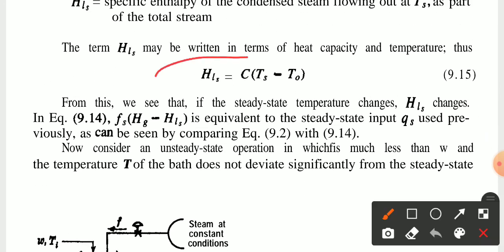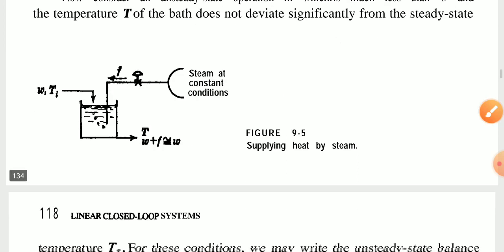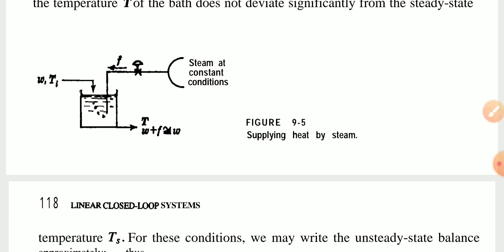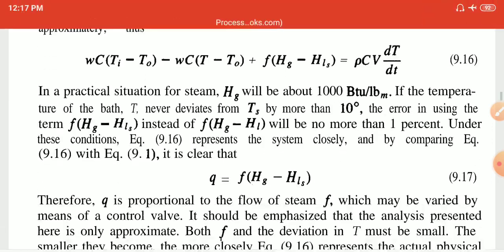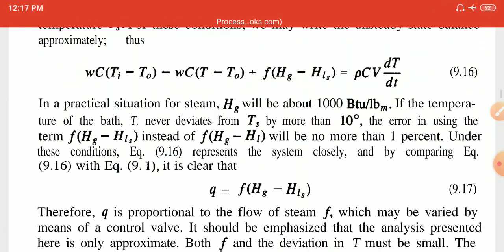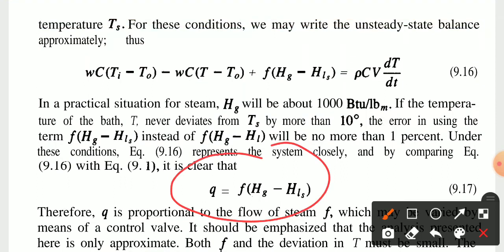Okay, this one, Hls is equal to Ts minus T0, and from this we get the steady state temperature, His and Hgs for this figure 9.5 supplying this heat system. Okay, for this basis, for reactions, last one, this one: Q is equal to f (Hg minus Hl).